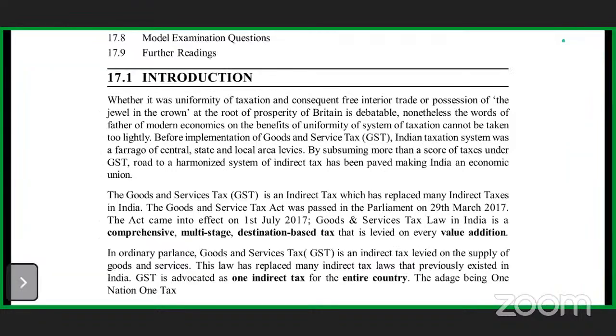To have uniformity in the taxation, a new tax system has evolved in India in 2017, that is 29th March 2017, that is GST, Goods and Services Tax, an indirect tax which has replaced many indirect taxes in India.